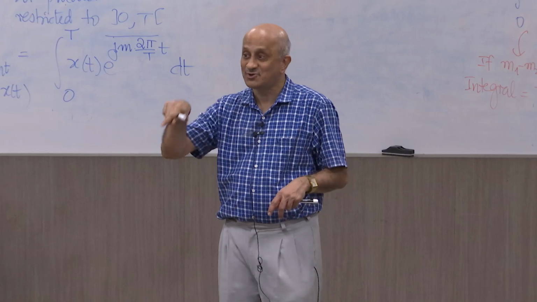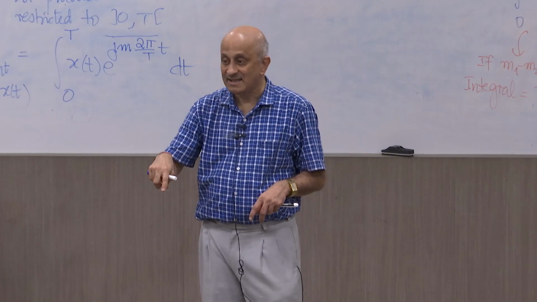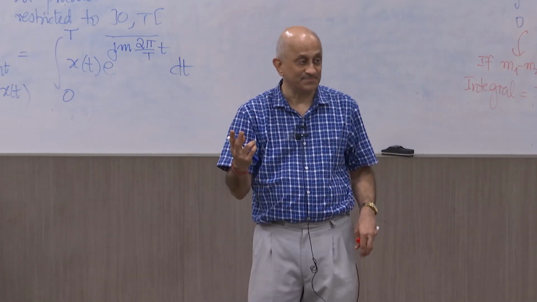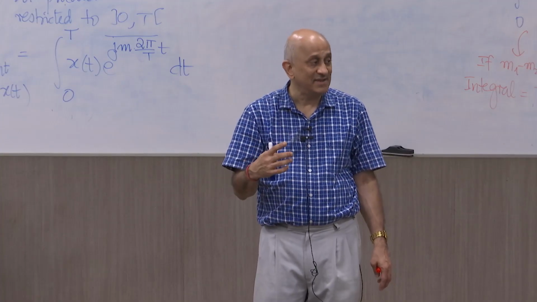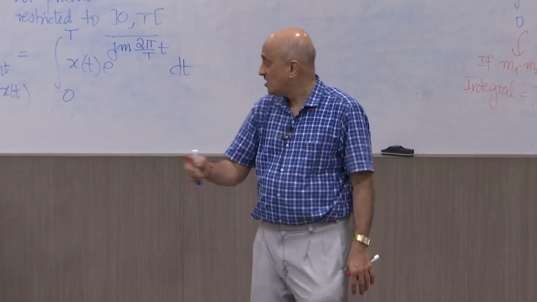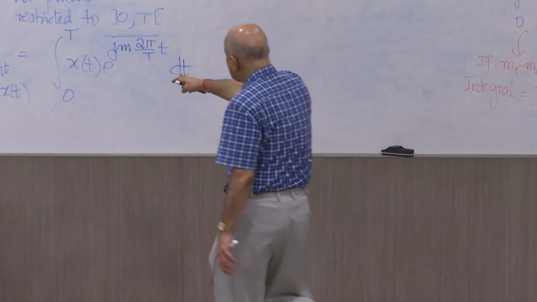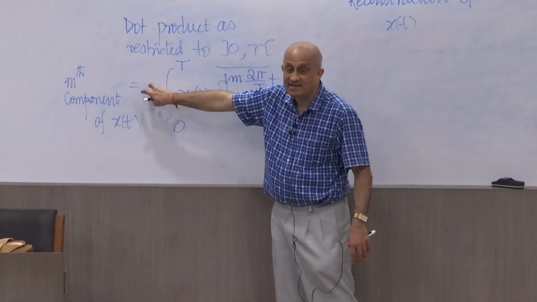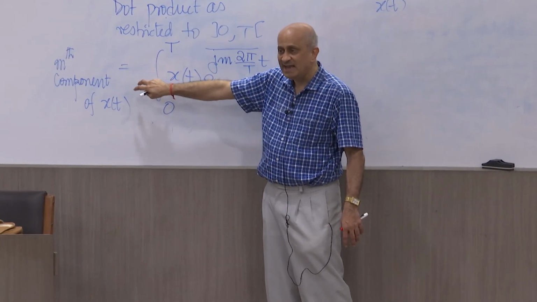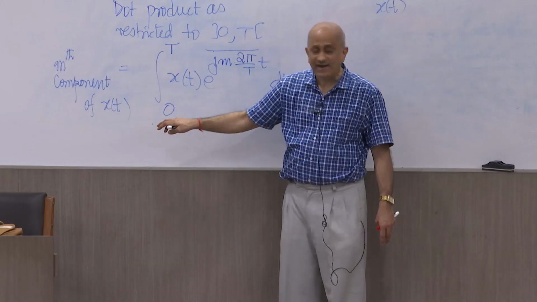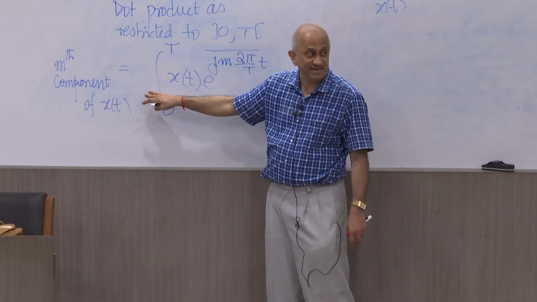Divide by the square root of T, because T is the square of the magnitude. But then, dividing by the square root of T is inconvenient. So on the forward side, we should have divided by the square root of T if we wanted to take the dot product with a unit vector. Instead of doing that, we don't divide by the square root of T here.